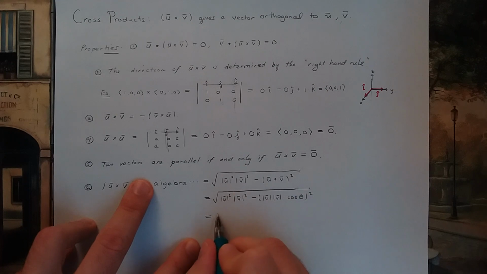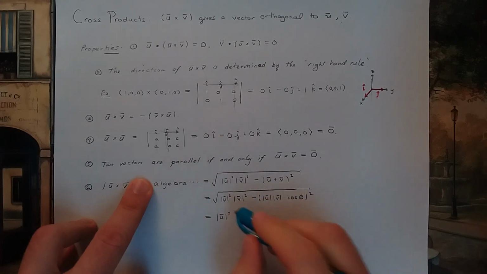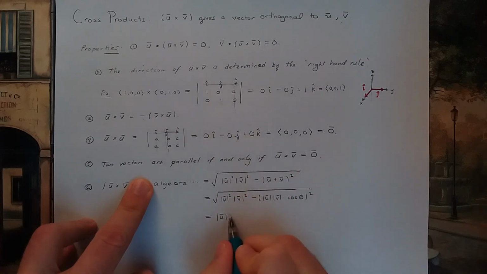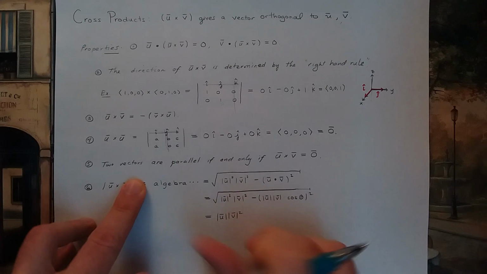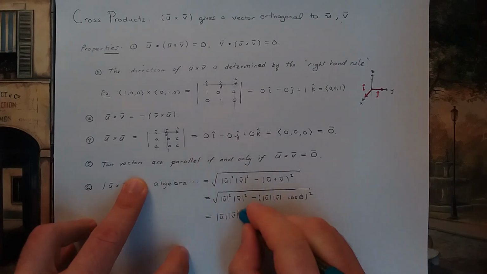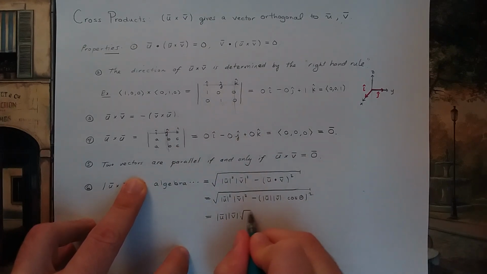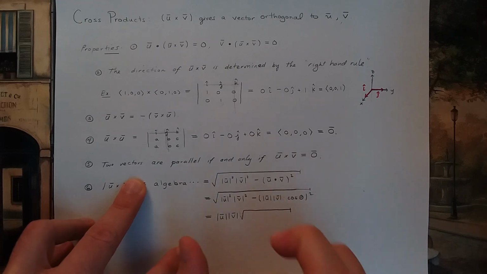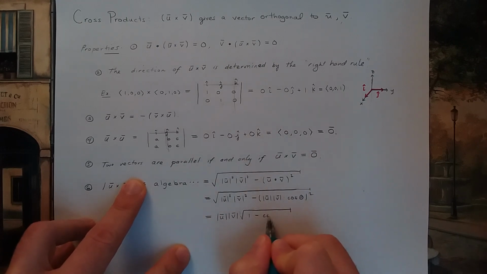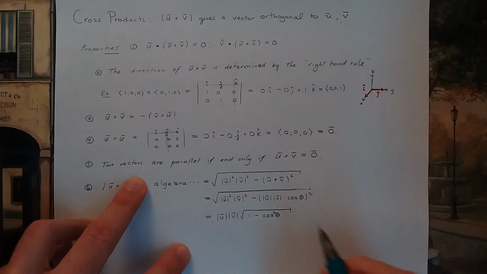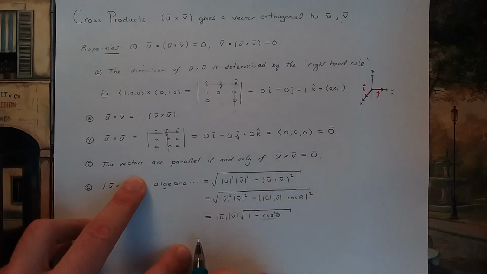Now you could factor out a magnitude of U from the square root. The magnitude of V, you could factor it out of the square root. And what you're left with, not squared, is the square root of 1 minus cosine theta squared. Using the well-known trig identity, this is equal to sine.